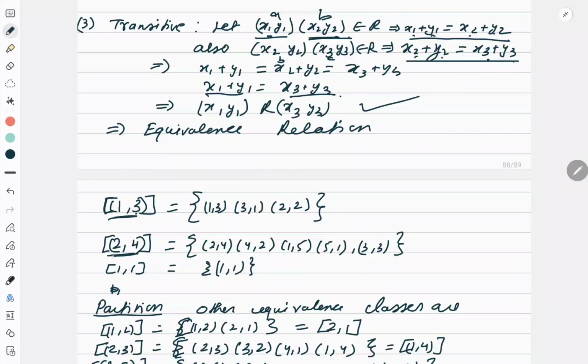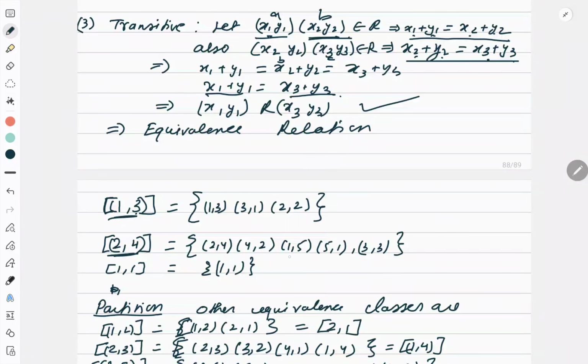Correct. One thing is this. Then 2 comma 3 and 3 comma 2, because 2 plus 3 is 5. Then 4 comma 1, 1 comma 4. Oh sorry, we are doing 6, right? Sum should be 6. So 4 plus 2, 6 is working. Then 3 comma 3 will come. Then 5 comma 1 will also come, and 1 comma 5 will also come. So 2 comma 4 I got.